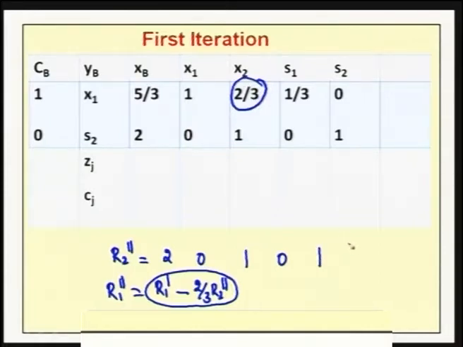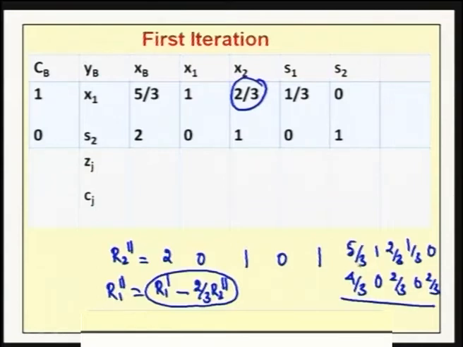So, this row is 5 by 3, 1, 2 by 3, 1 by 3, 0. Now, we multiply this row by 2 by 3, therefore, this will become 4 by 3, and this term becomes 0, and this is 2 by 3, and this is 0, and this is 2 by 3.